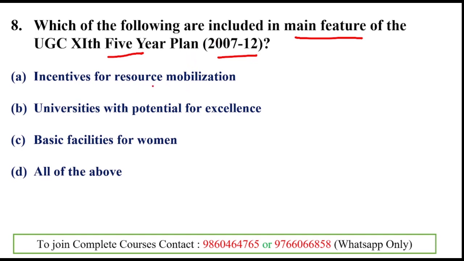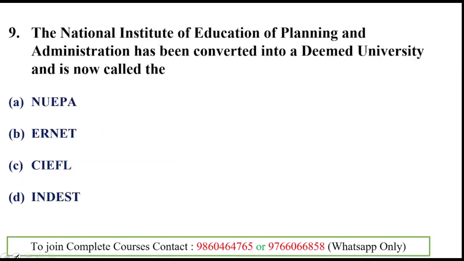We know the 11th 5-year plan provides incentives for resource mobilization, universities with potential for excellence, and basic facilities for women. All these are given for UGC as main features under the 11th 5-year plan. Okay, so all of the above is the right answer. Clear? Moving to next one.